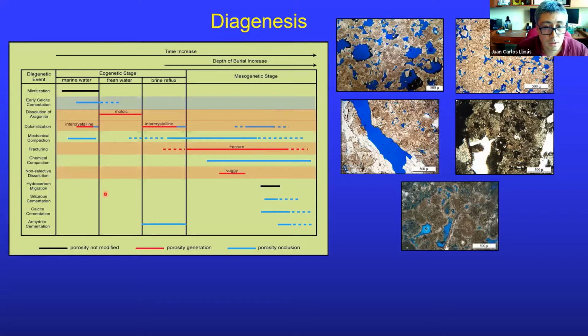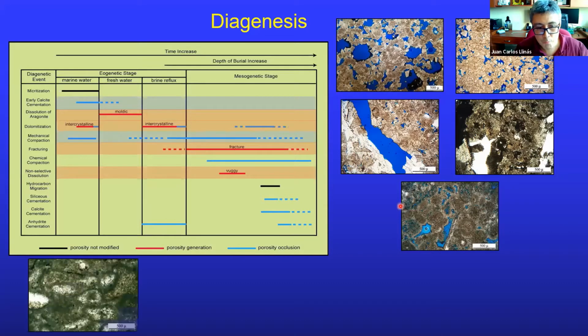And we have processes that preserve porosity, we can say, that are these early calcite cementation, making these rims outside that protect the rock from mechanical compaction, or preserve the intergranular porosity.